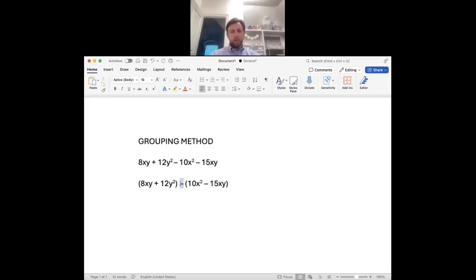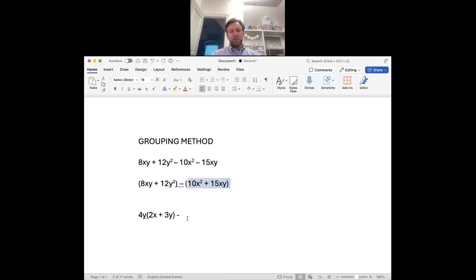But because this middle sign here was minus, we have to change this one over to plus. Now pull the GCF out. GCF out of 8xy and 12y squared is 4y. I pull a 4 and a y from 8xy, I'm left with a 2 and an x. I pull a 4 and a y from 12y squared, I'm left with a 3 and a y. Okay, good. I can see my answer.